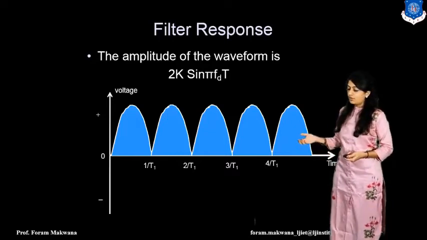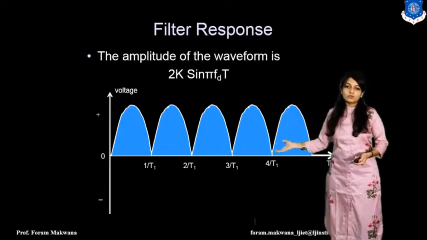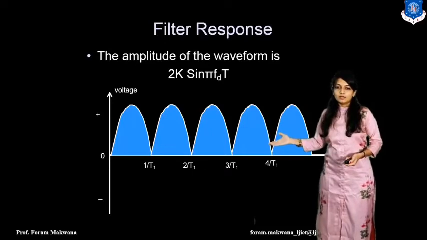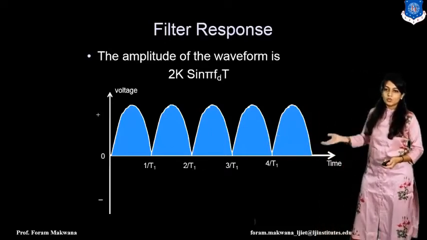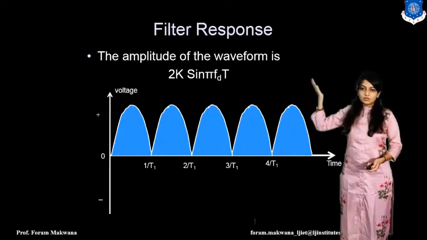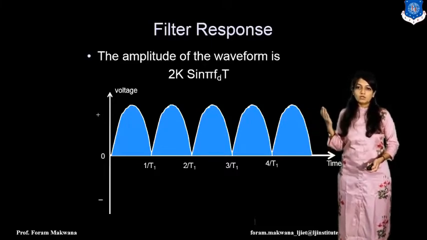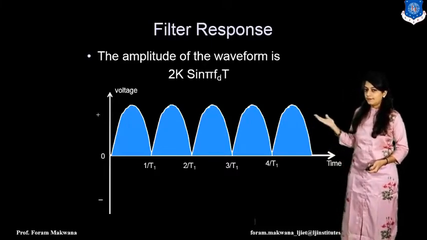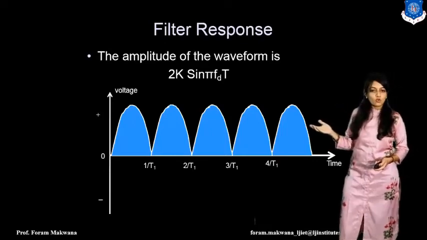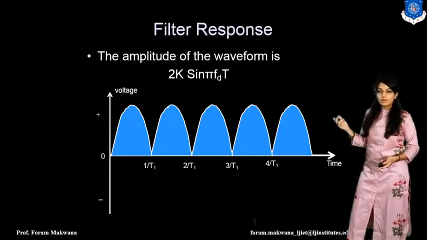Over here you are able to identify that this is the output of the full wave rectifier. Okay? We are getting only a unipolar signal. This is the time versus the amplitude, or we can say the voltage. The amplitude of the voltage is 2k sin(π fd T). Alright, this is the output of the full wave rectifier.